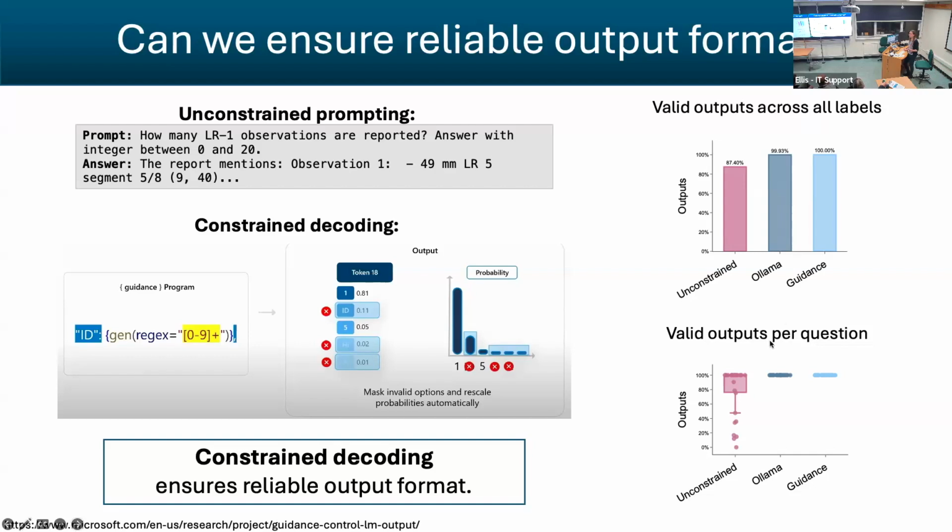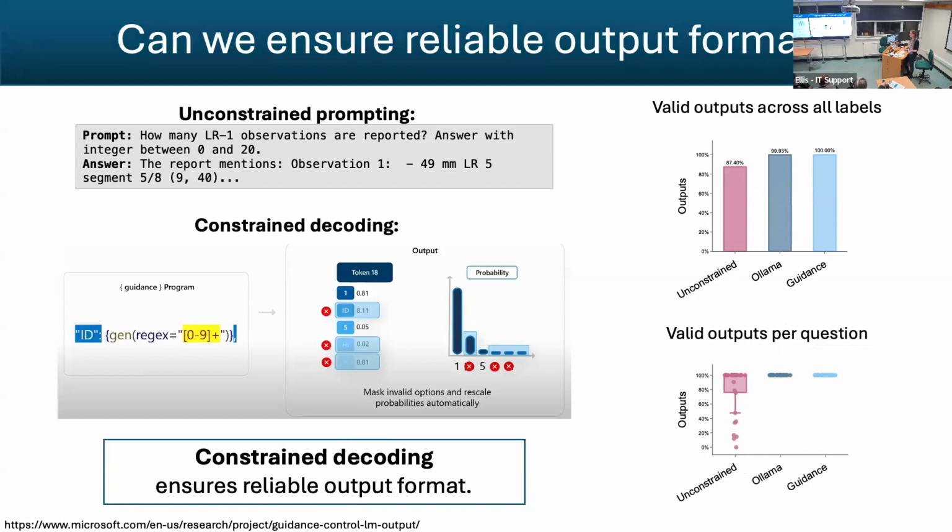And this is particularly important for some questions over others. So here I'm showing you valid outputs stratified per question. And there was actually one question, one prompt, which didn't achieve any valid answers. So that would be data that would be completely lost if it wasn't for constrained decoding. So this really helped, especially with questions that were a bit more complicated, like counting lesions or quoting dates of events that we're quite interested in.